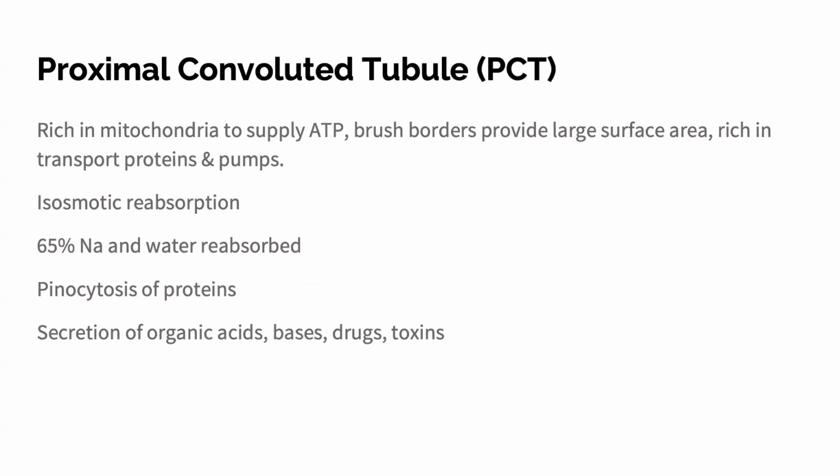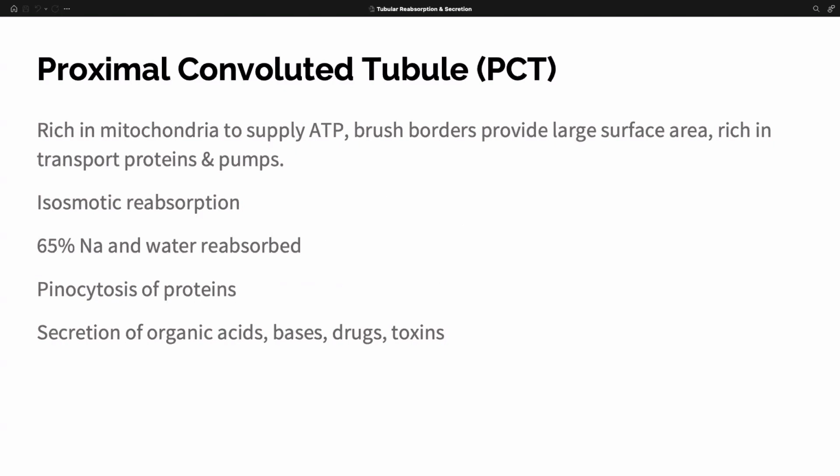Now, regarding the proximal convoluted tubule, you should understand how the cells within the proximal convoluted tubule are modified. How are they able to reabsorb substances? These factors include that the PCT cells are rich in mitochondria, and that allows them to synthesize energy in the form of ATP, which they eventually use to reabsorb certain substances via active transport or via pinocytosis.